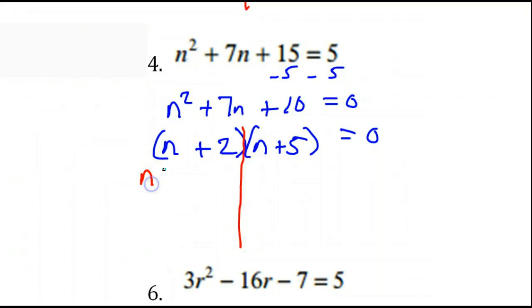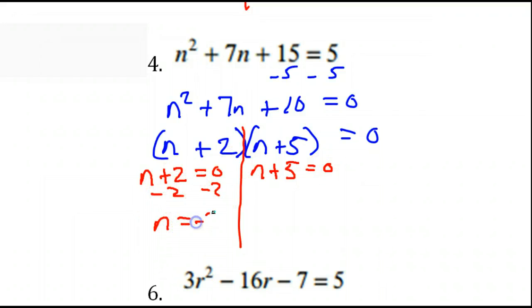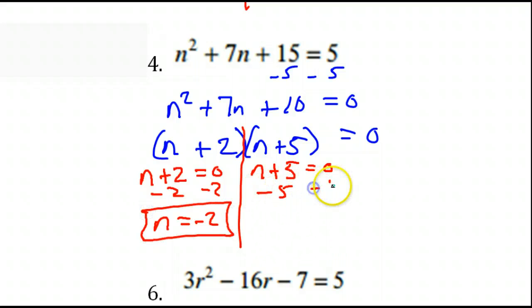Okay, I set these factors now equal to 0. Now that I have equal 0, I can use my zero product property. Okay, minus 2 gives me n equals -2. And minus 5 gives me n equals -5.